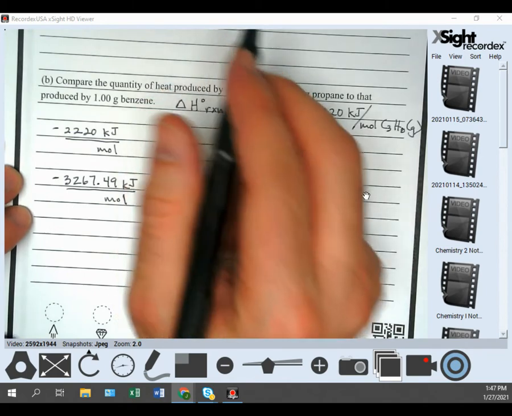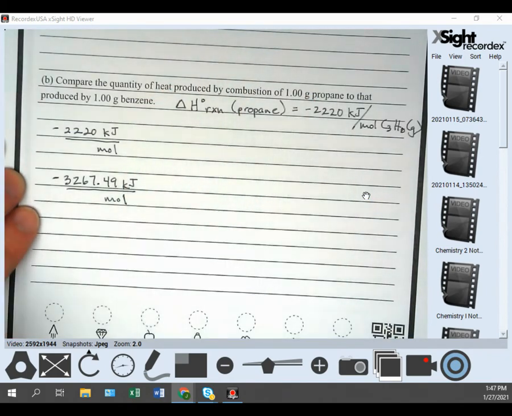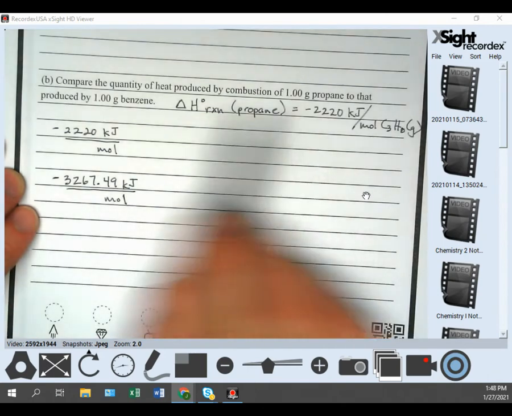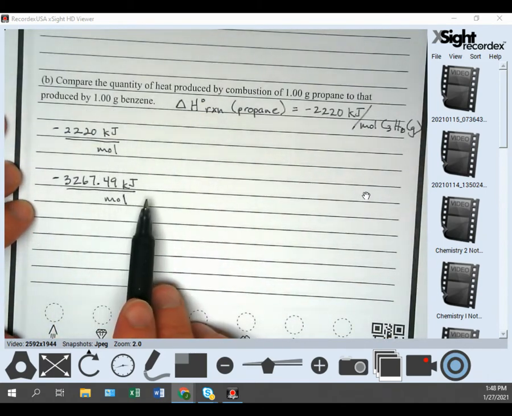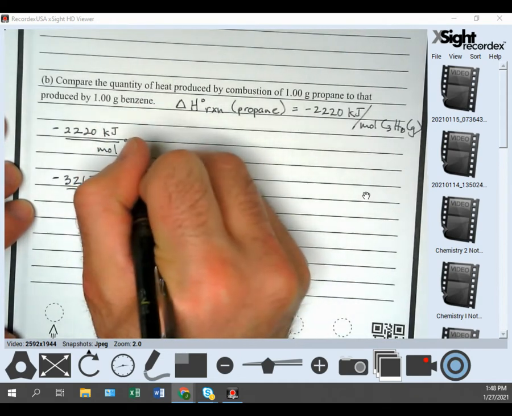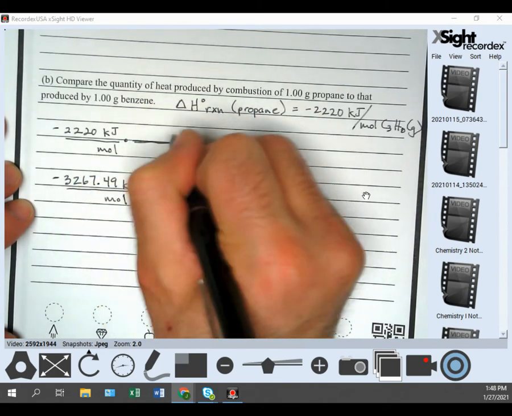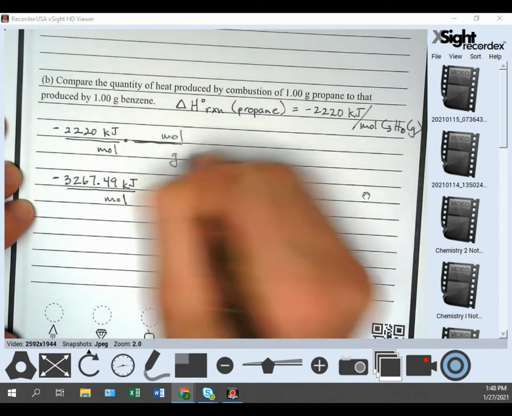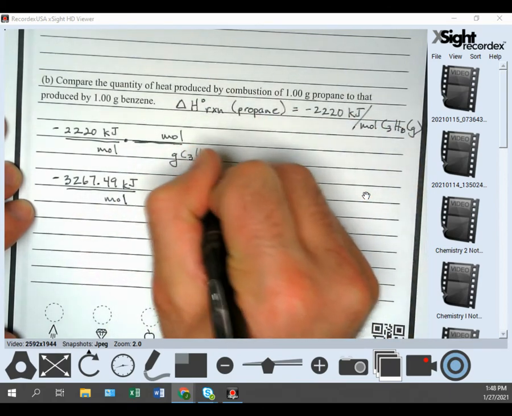Now this is saying the combustion of 1 gram of propane compared to 1 gram of benzene, right? So right now we're comparing moles of each. So we want to do grams. So all we have to do is convert from moles, so moles on the bottom, so moles on the top, to grams. Okay, this is the C3H8.